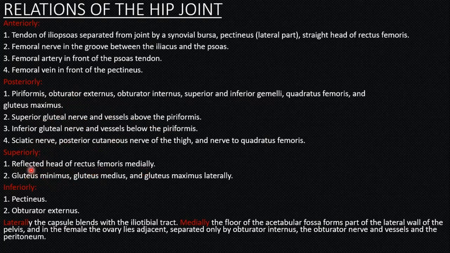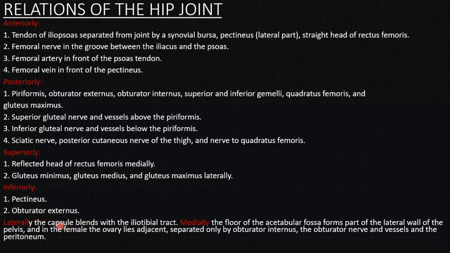And remember, the deflected head of rectus femoris originates from a groove above the acetabulum, the supraacetabular groove. We also have gluteus minimus, medius, and maximus laterally, as they go to insert into the greater trochanter. Then inferiorly, we have the pectineus and the tendon of obturator externus.